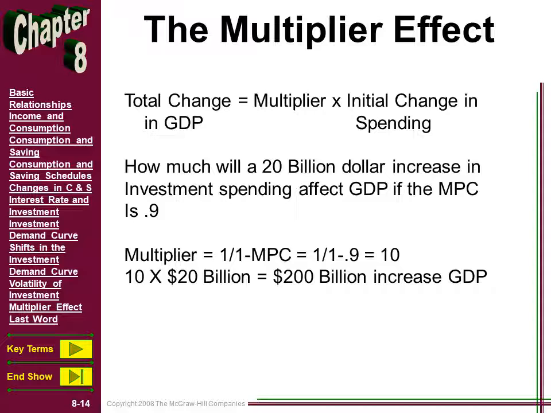So if we take the 10, the size of the multiplier, times the $20 billion increase in investment spending which started the economic activity, ultimately the multiplier tells us that there should be an increase in GDP of $200 billion when it is all said and done.